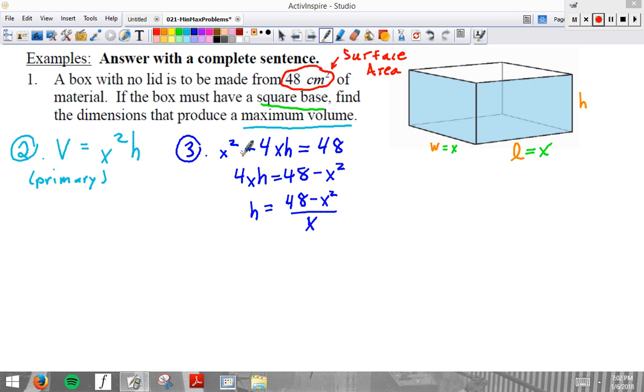And we are going to substitute this back over here to get v equals x squared times 48 minus x squared over 4x. I'm sorry, I forgot a 4.